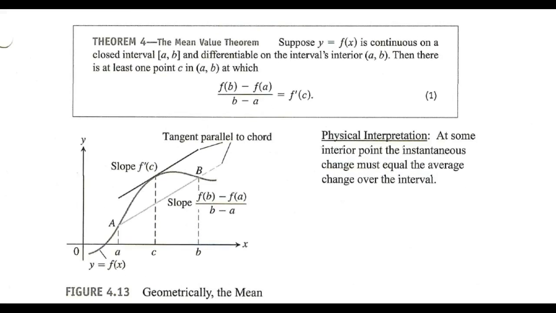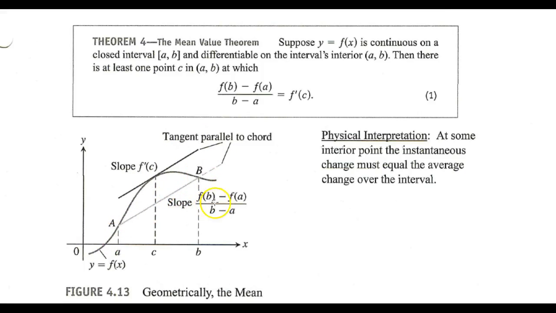So the mean value theorem says, well, let's not force f of a and f of b to be equal, but let's say f of a is this value right here, f of b is this value. Then if I connect those two with a line, then somewhere between a and b there's some value of x, call it c, such that the slope of the tangent line at that point is the same as the slope of the line connecting f of a and f of b, right?